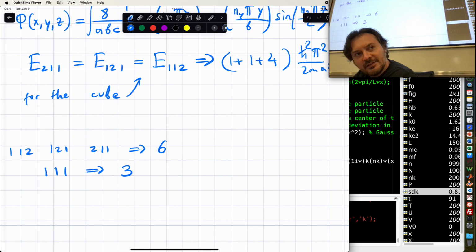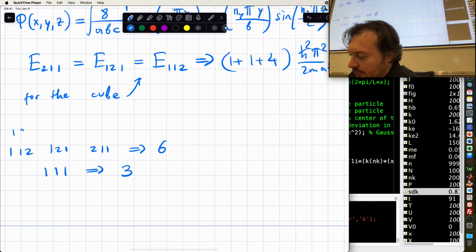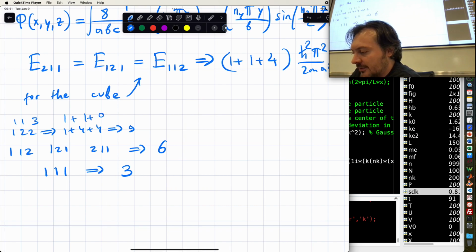What is the next excited state? Is it 2, 2, 1 or 1, 1, 3? Do you see the dilemma there? So 1, 2, 2 would give you 1 plus 4 plus 4, which would give you 9. 1, 1, 3 would give you 1 plus 1 plus 9, which is 11.